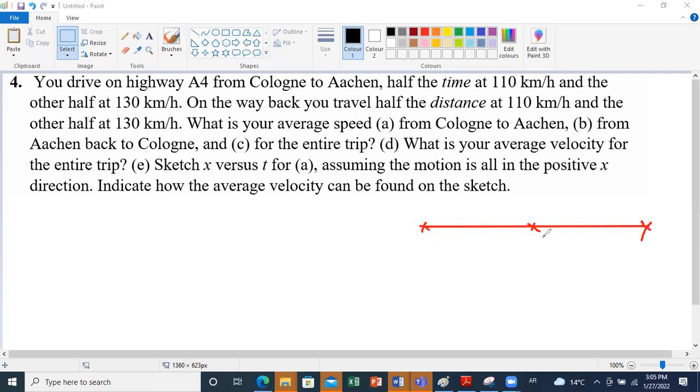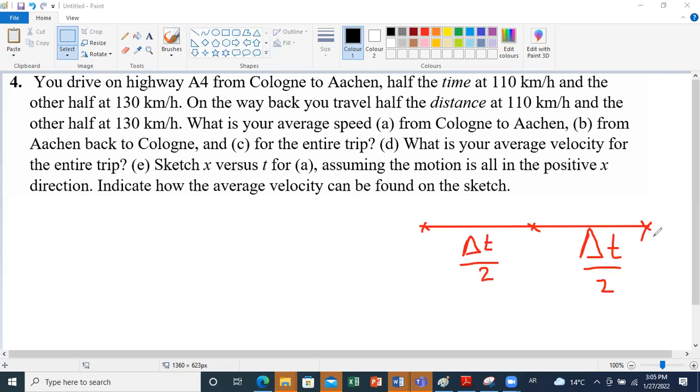So because the time was divided into 2, this is delta t over 2 and delta t over 2. How can I graphically find what will be the corresponding distance traveled for each case?